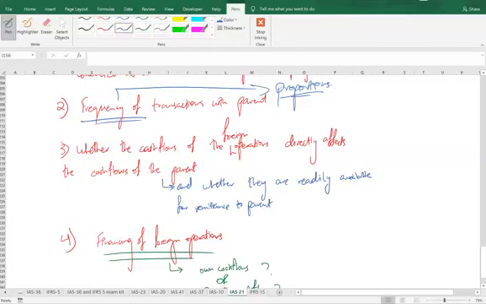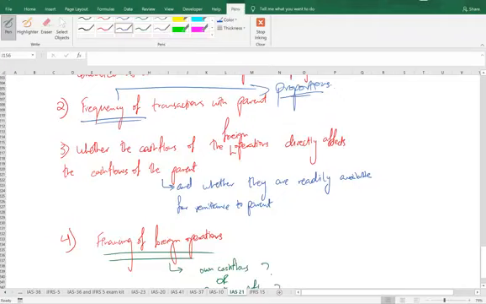Similarly, for the third point, Amani, are you back? Yes, I'm back. For the third point, it says whether the cash flows of the foreign operation directly affect the cash flow of the parent. If they do, that means the foreign operation remits whatever it earns back to the parent company.